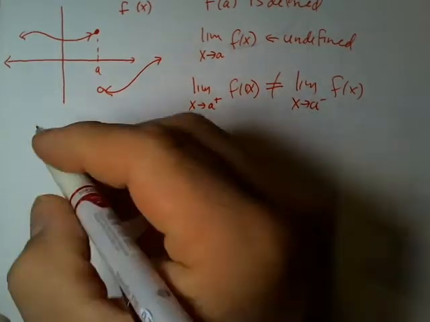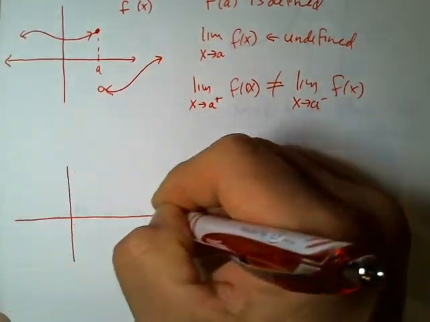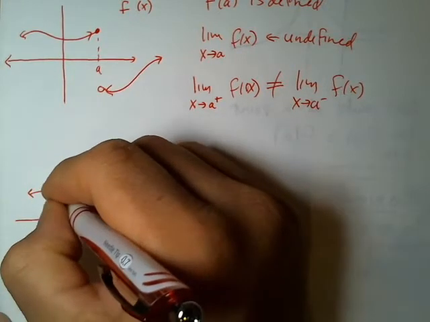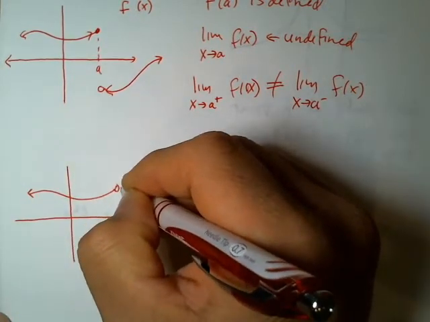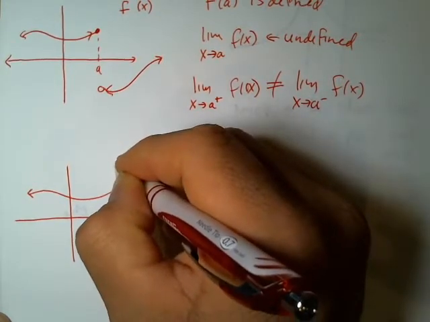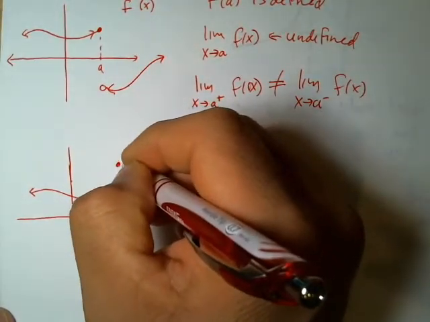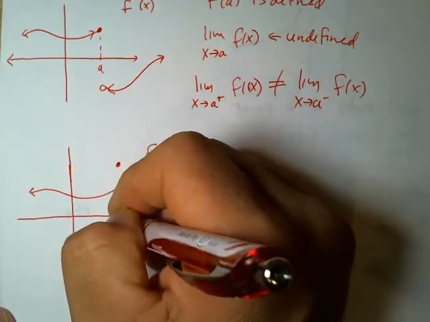Now, in some cases we might have the first two. Say we have something like this, where this is f of x at a.